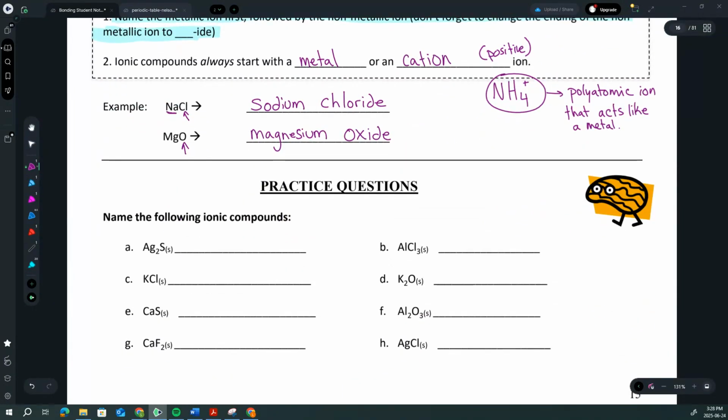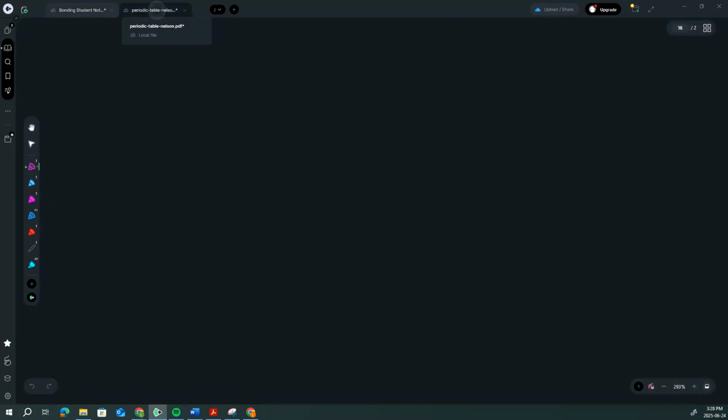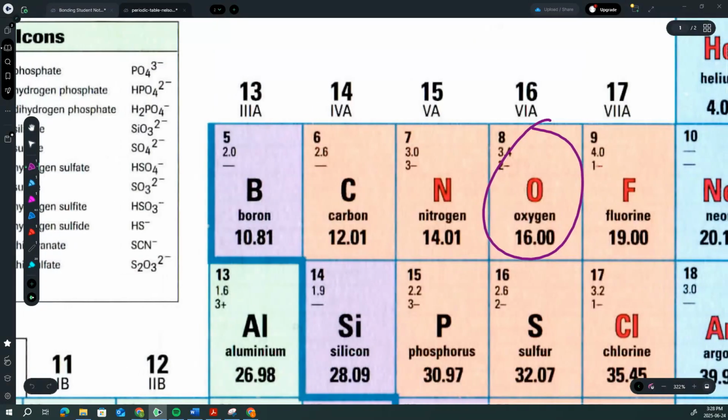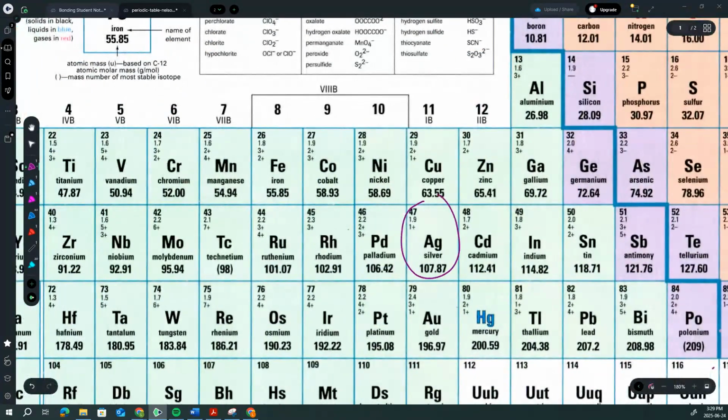Since we've done sodium chloride quite a bit, I'll start off this first practice question to give you a few more examples of how to name ionic compounds. With the symbol Ag, if we take a look at our periodic table, Ag is right here.